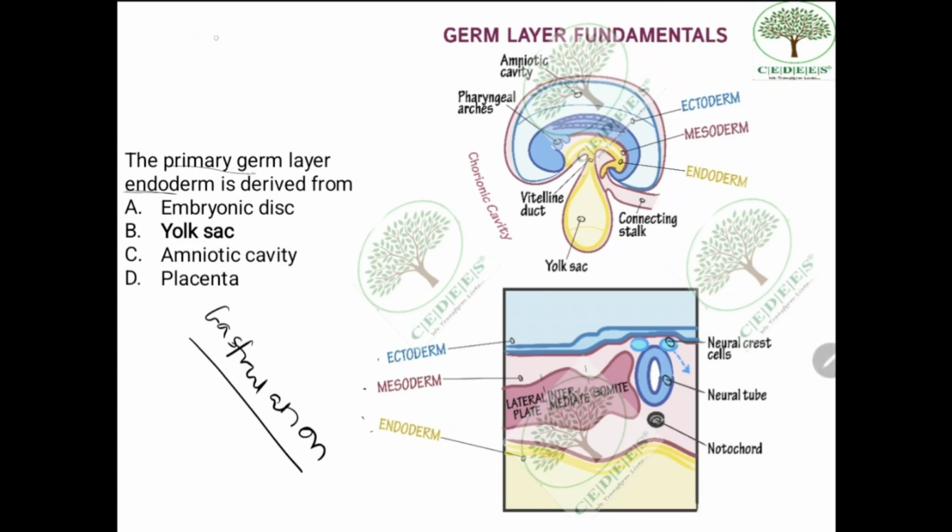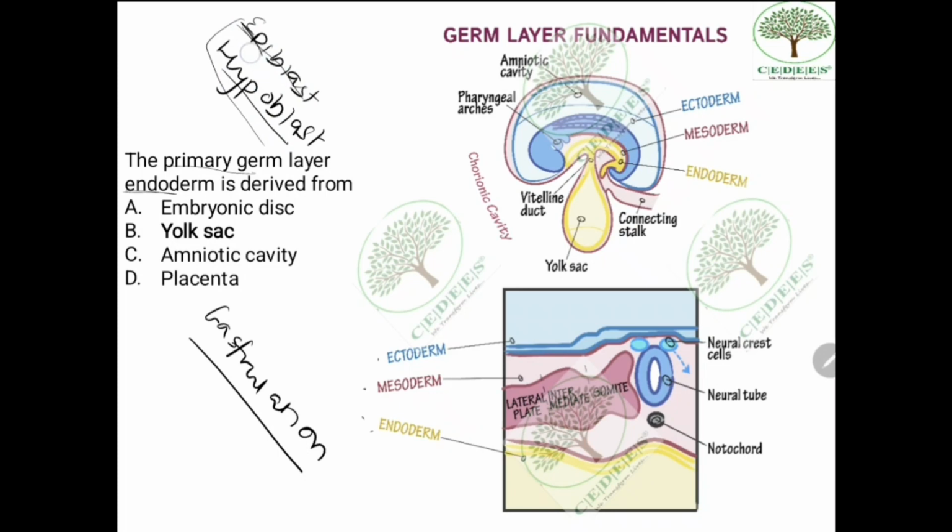The bilaminar disc, which is formed during embryogenesis, consists of two layers, the epiblast and the hypoblast. Initially our embryo only has two layers, not three: the outer layer, the epiblast, and the inner layer, the hypoblast.